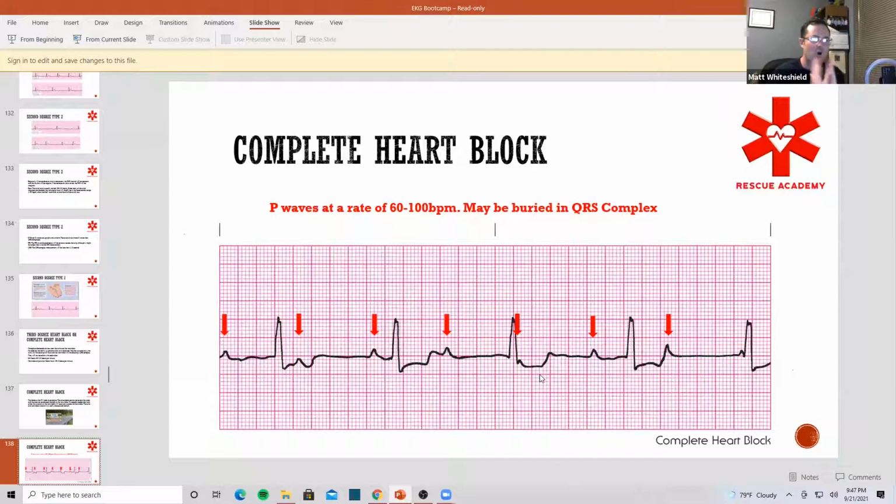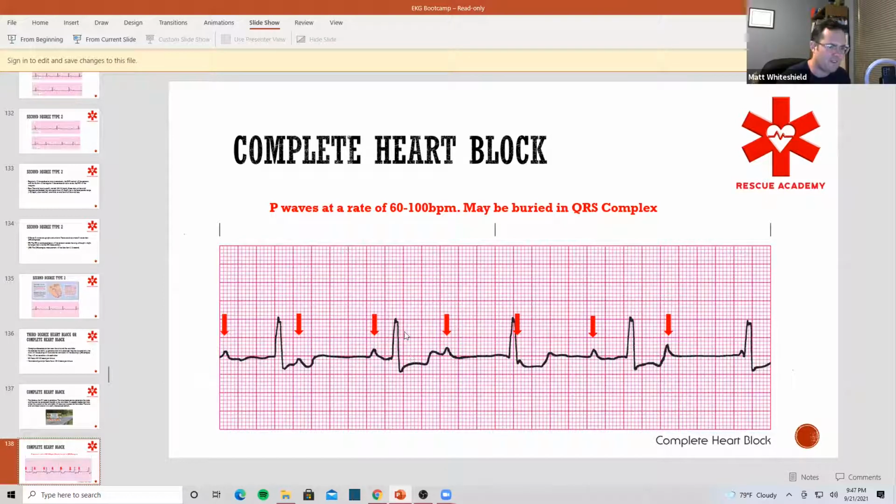Your P waves will always be regular with a complete heart block. So as I move my little sheet of paper, because I already marked my P waves, you're going to note that all these P waves are lining up. And you can already tell visually by looking at this EKG that my R waves, or my QRS complexes, are also lining up. They're just not talking to the P waves at all.